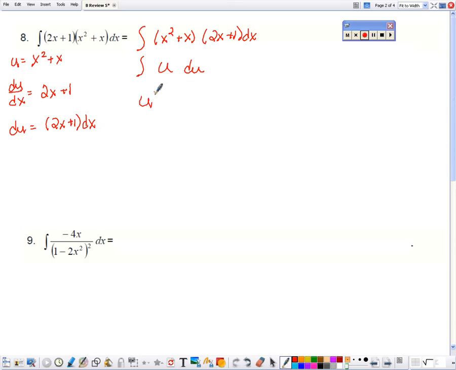So now finding the integral, or the antiderivative, and then I'm going to substitute back in for u. And we can rewrite that as 1/2 (x squared plus x) squared plus c.